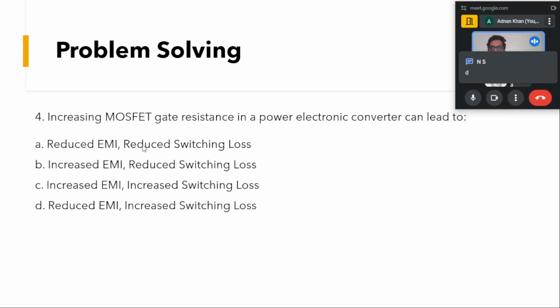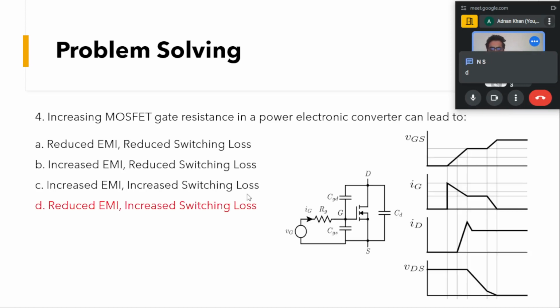So what we saw here is, as I told you, the EMI depends upon the switching voltages and currents, and with high dV by dt and di by dt, we want to decrease this dV by dt and di by dt, and one such way is with insertion of this gate resistance.